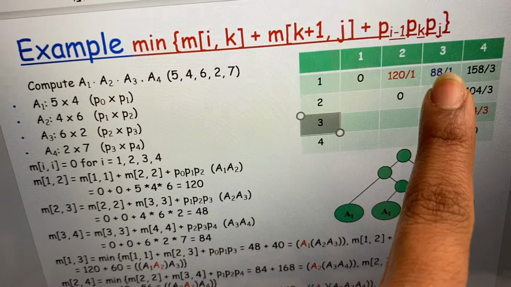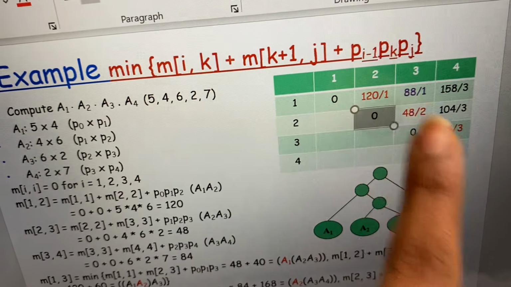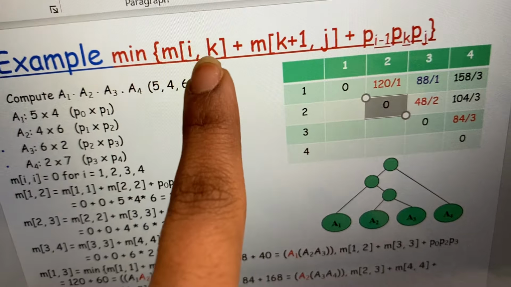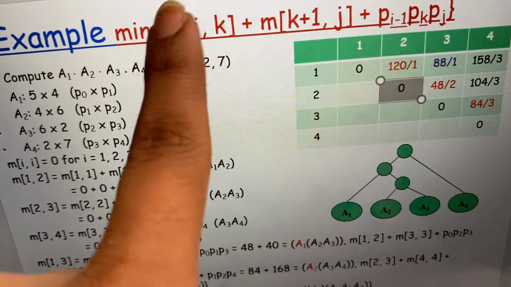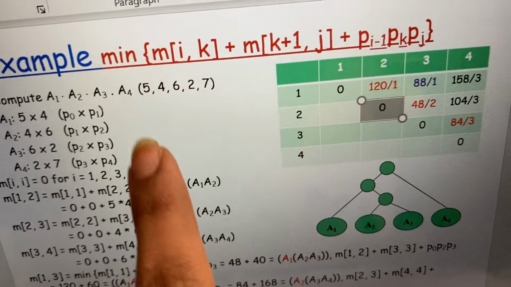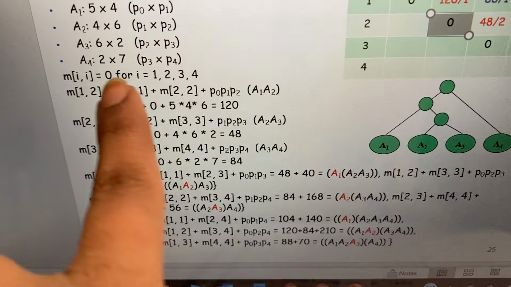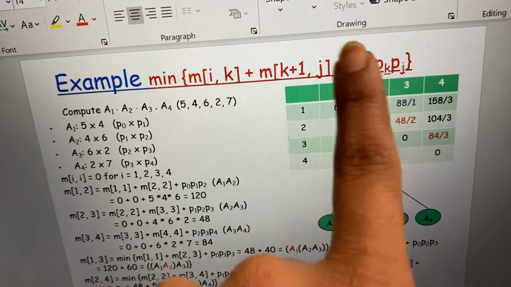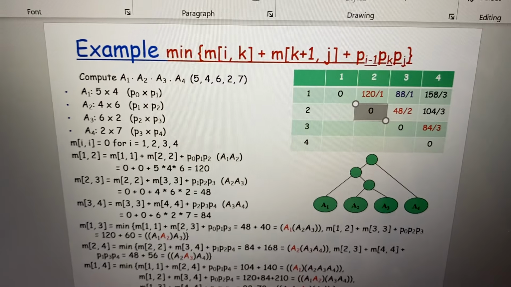In order to go to 3, you need to go with 1 and then 2 and then 3. So here you will have the first k value as 1 and the next k value as 2. We need to take the minimum value from those 2 values. Accordingly, we will get all the values, and then we can fill out the table easily. Hope this is clear. Thank you.